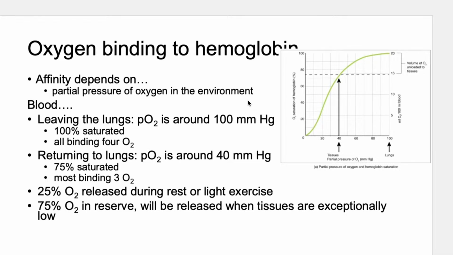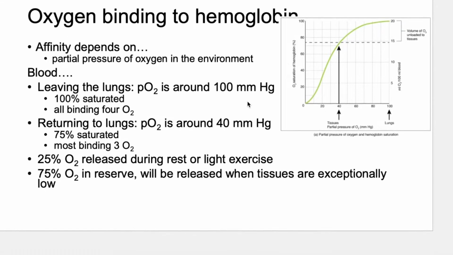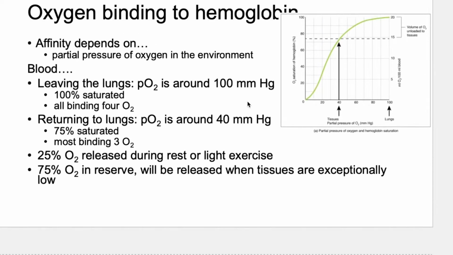Affinity depends on the partial pressure of oxygen in the environment. Blood leaving the lungs, the partial pressure of oxygen is around 100% saturated. So you notice how when it's returning to the lungs after dropping off its oxygen, it's still at 75. You would think it'd be at 0.